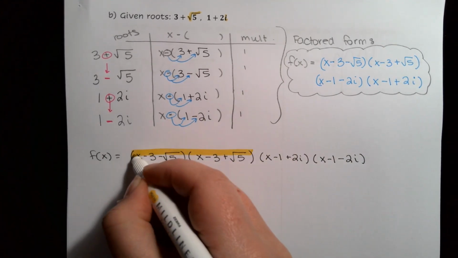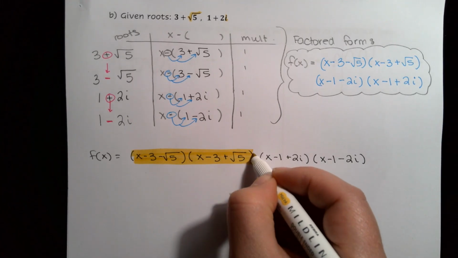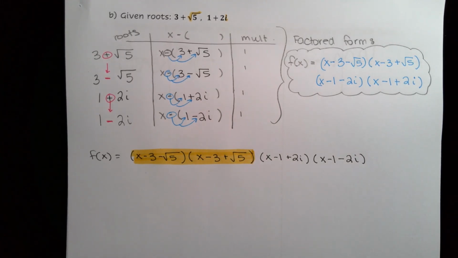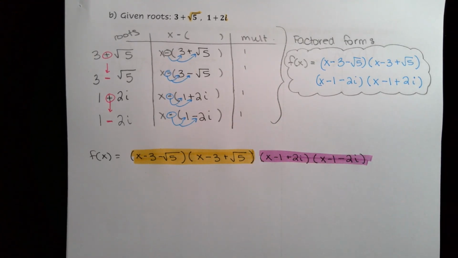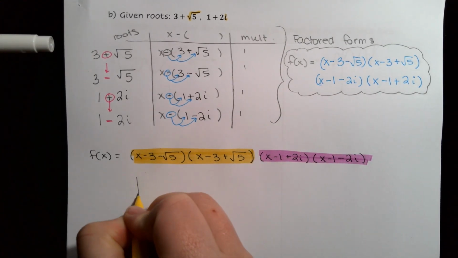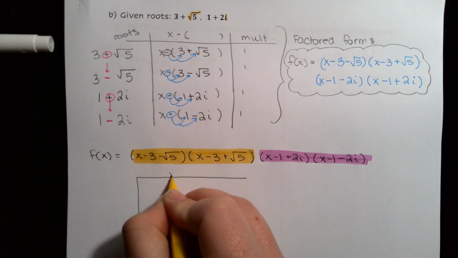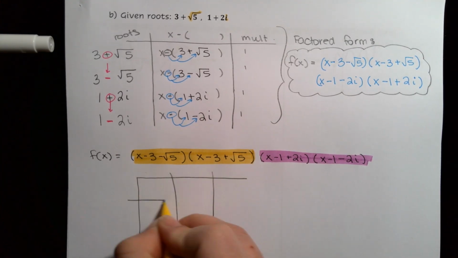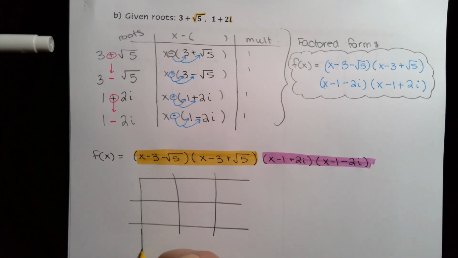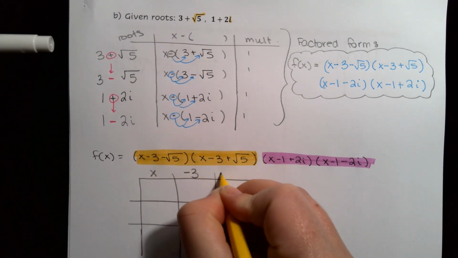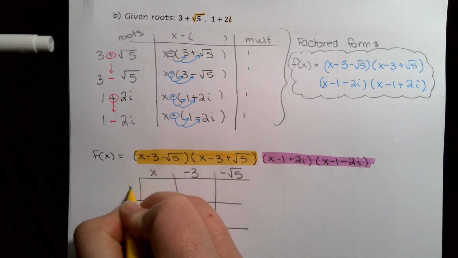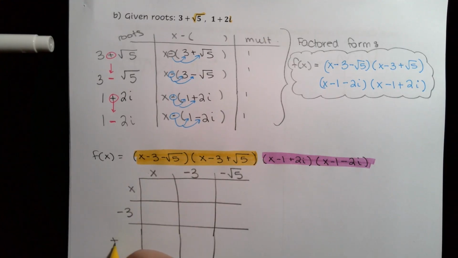So these two factors are from conjugate roots. And then these two factors are from conjugate roots. So with our box method, we have a trinomial times a trinomial. We have an x minus 3 negative root 5. We have an x minus 3 positive root 5.